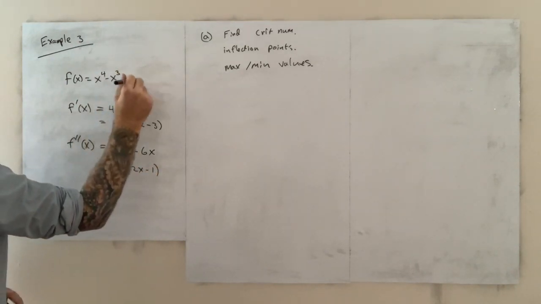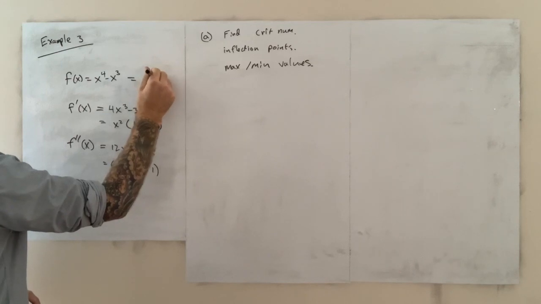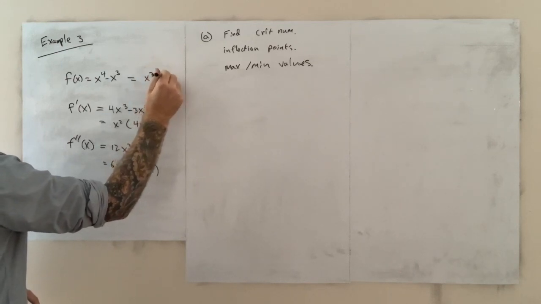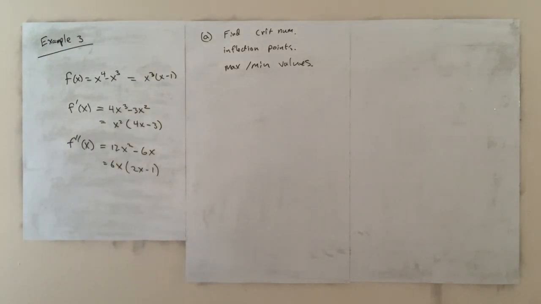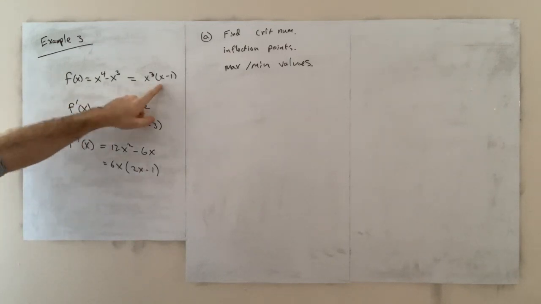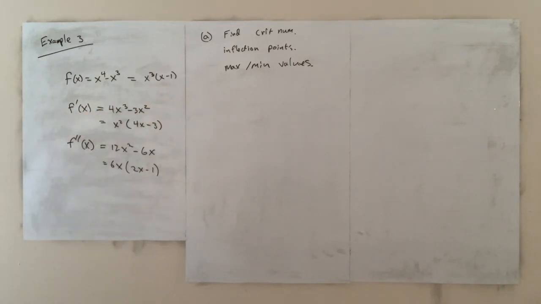And I can even factor the original too, if I pull out an x to the 3, I'm going to get x minus 1 there. So these are their forms, and then their factored forms. Notice taking the derivative unfactored is a little bit easier than taking the derivative of the factored version, because I don't have to use the product rule.